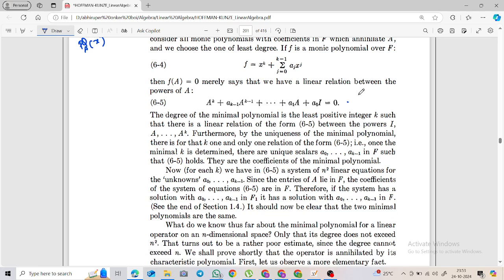The degree of the minimal polynomial is the least positive integer k such that there is a relation of the form 6.5. For that k there is one and only one relation of this form. That is very important. They are unique, so there are unique scalars in F such that 6.5 holds. Understood?